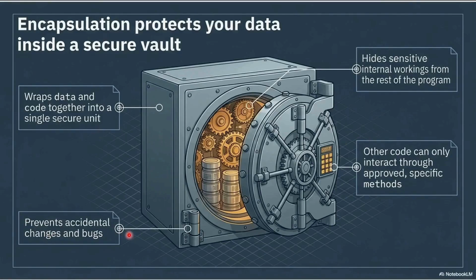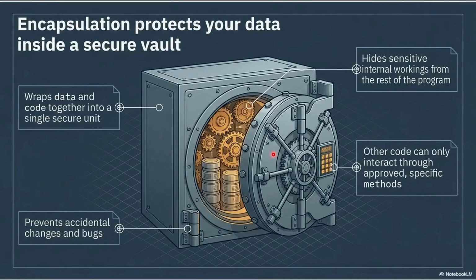It prevents accidental changes and bugs. Even if you want to change something, you will be changing it only in that particular class. It hides sensitive internal working from the rest of the program. What's inside is hidden. That's encapsulation. And other code can only interact through approved, specific methods, so there is a kind of password required to access this.